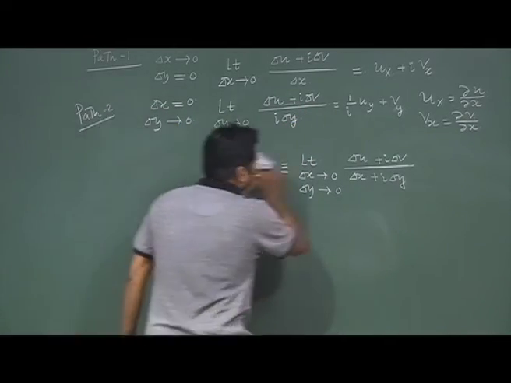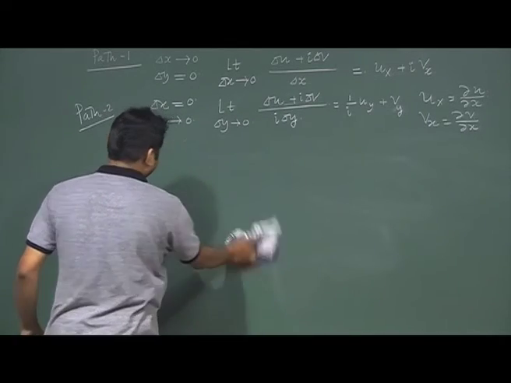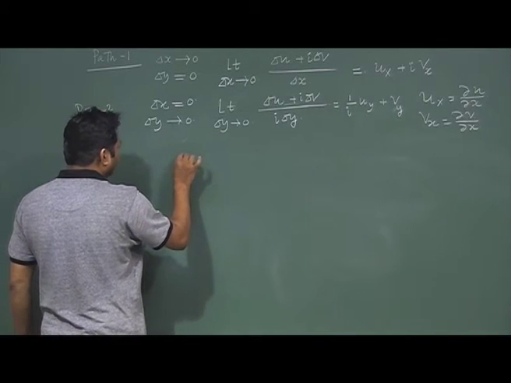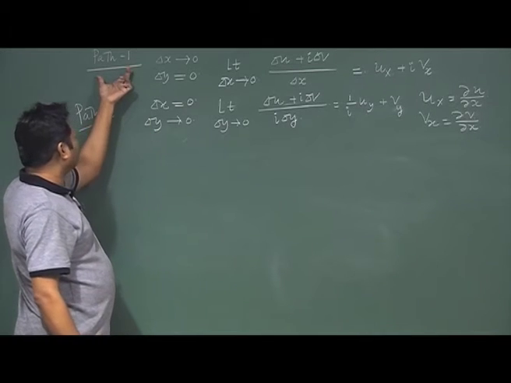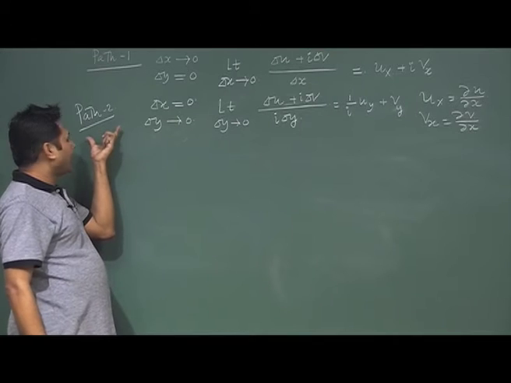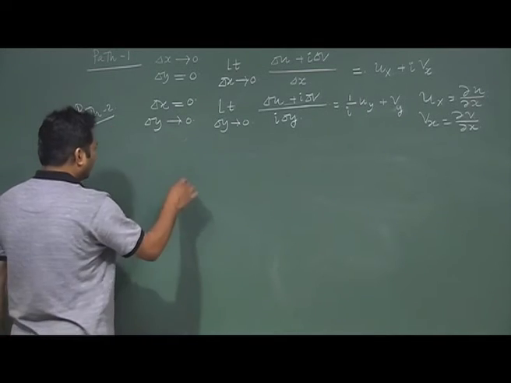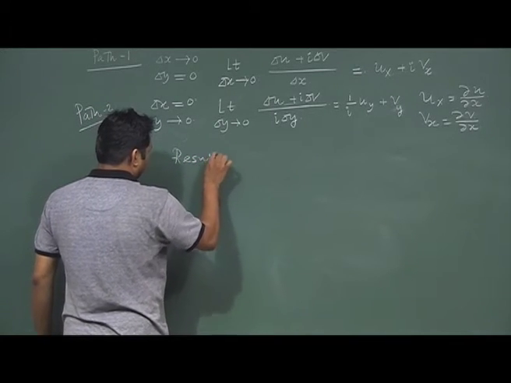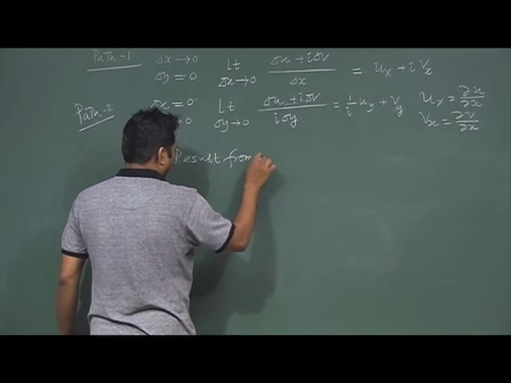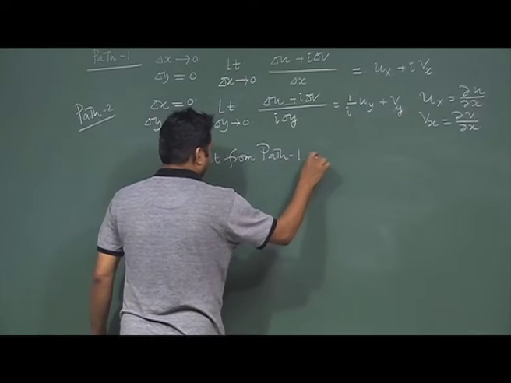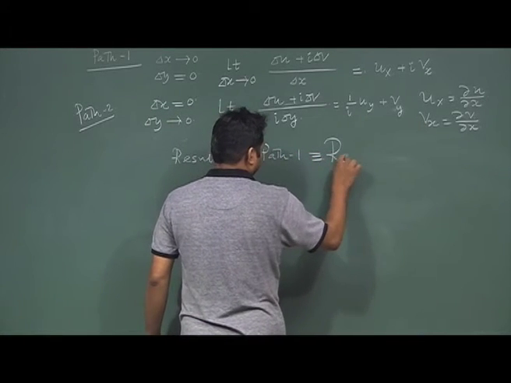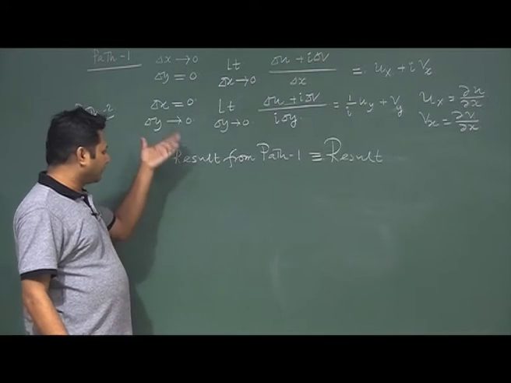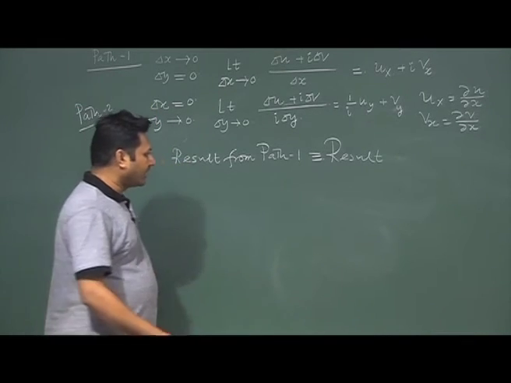Now, if the derivative exists, then I must say that the value from path 1 and the end result we find from path 2 should be the same. In principle it should hold for all paths, but because I am taking two fundamental paths, let us try to find out what the condition is.